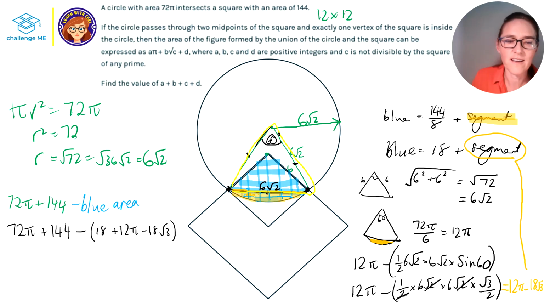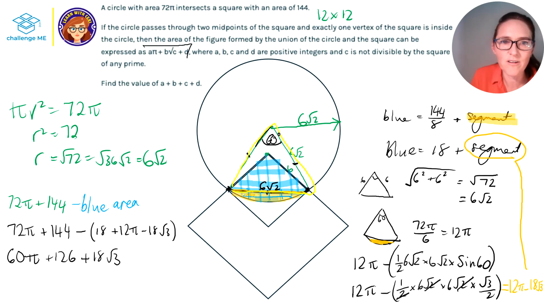So it is going to tidy up quite nicely. The 72 pi minus the 12 pi is going to be 60 pi. The 144, take away the 18, is going to be 126. And then take away negative 18 root 3. It's not quite the order that we were asked for there.